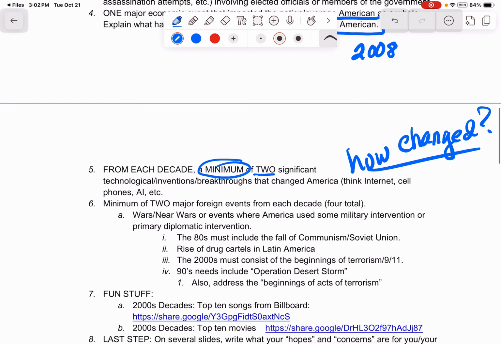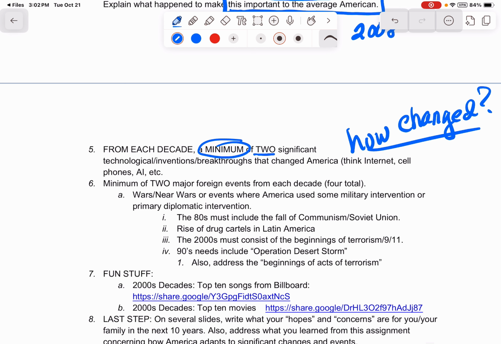A minimum of 2 major foreign events from each decade. You got that right here. Wars, near wars, or events where America used some military intervention or primary diplomatic intervention. Where did we stick our nose? Where did we interject ourselves into other countries' affairs? If you're doing the 80s decade, you have got to do this.